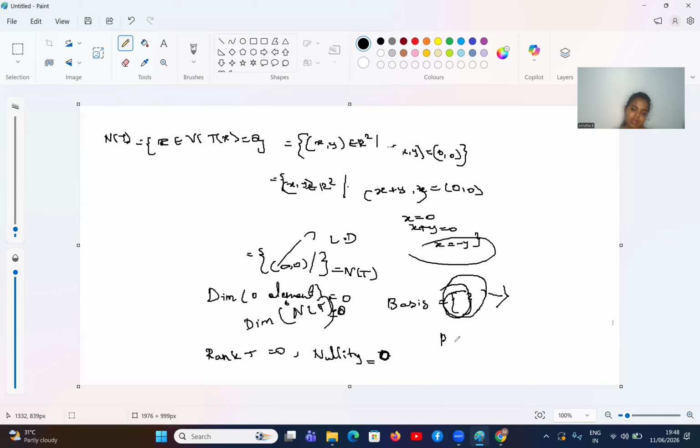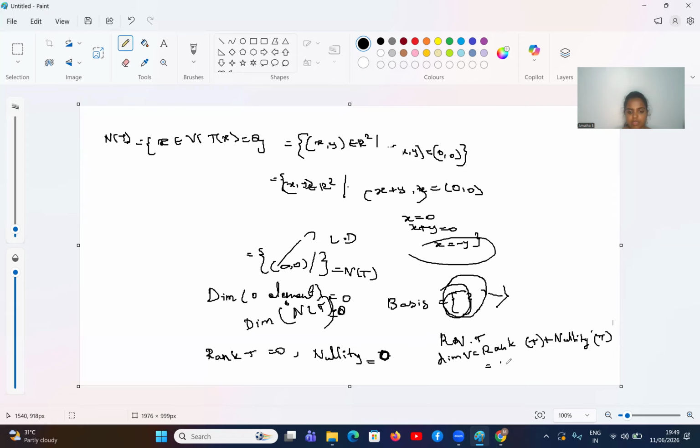How can we verify it? Dimension of V equal to rank of T plus nullity of T.